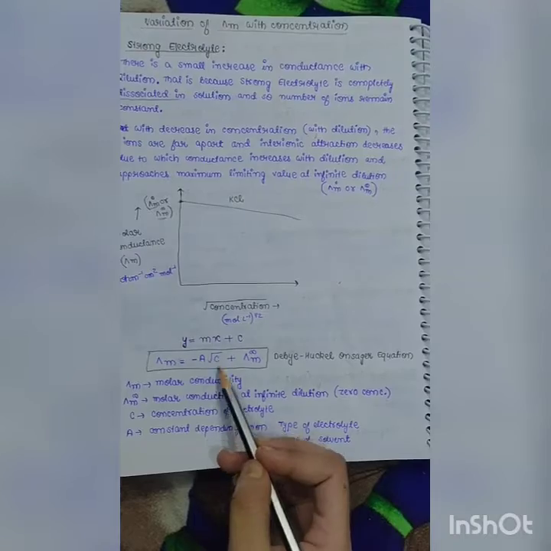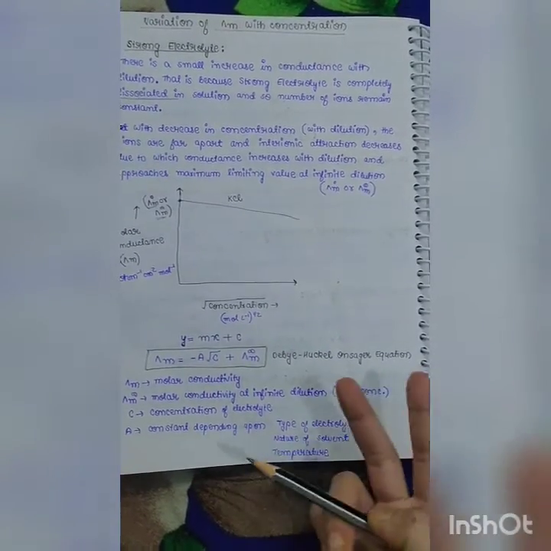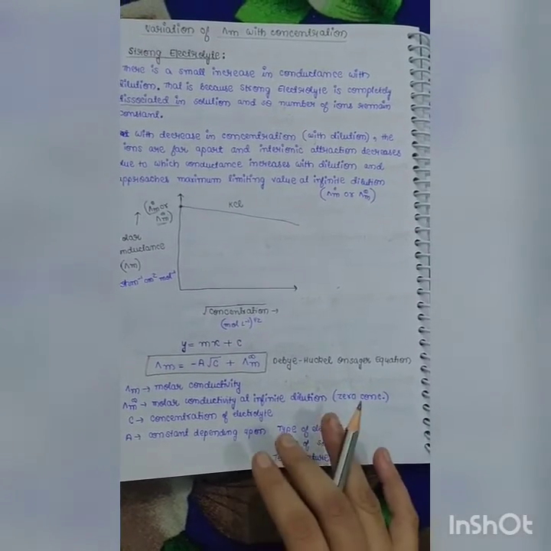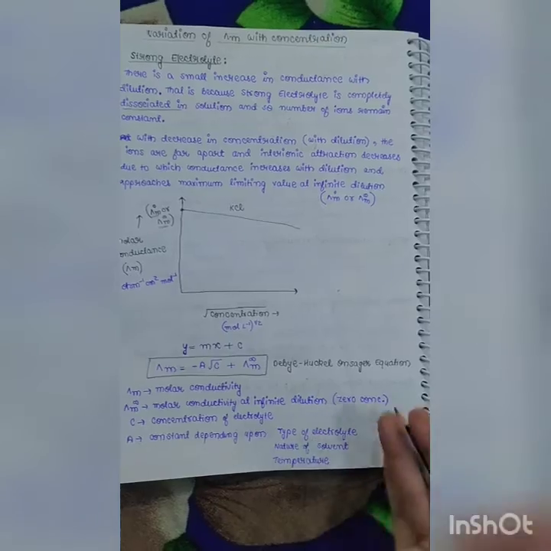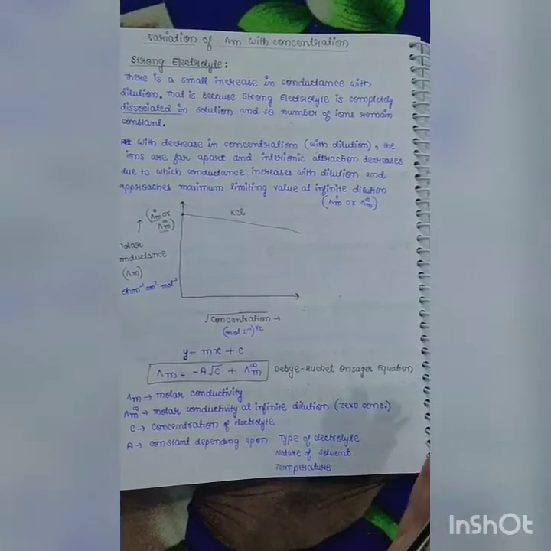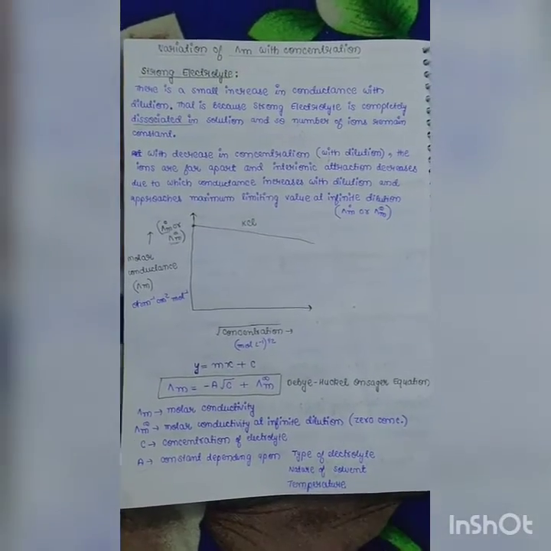C is the concentration of the electrolyte and A is a constant which depends upon the type of electrolyte used, whether it is KCl or HCl, the nature of the solvent in which we have dissolved it, whether water or some other solvent, and temperature. We very well know on increasing temperature dissociation increases. So A depends upon these three factors.